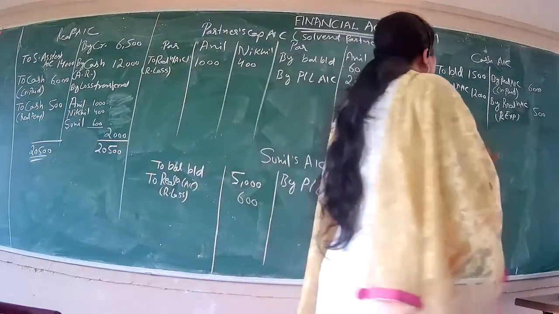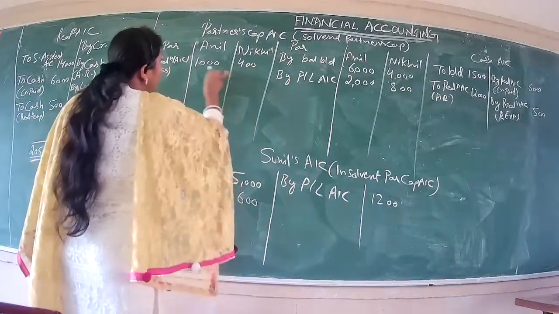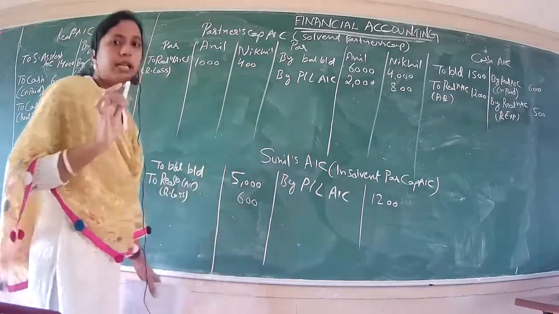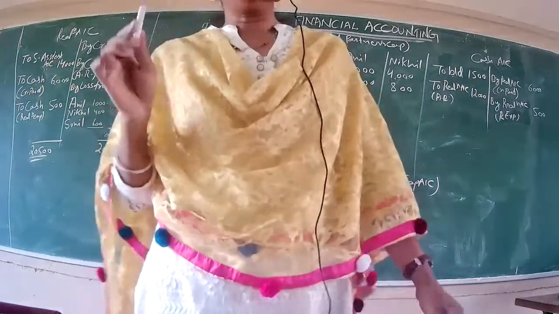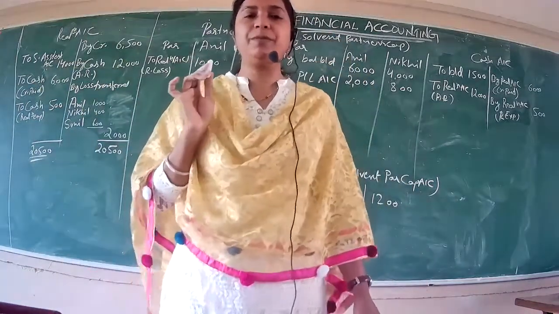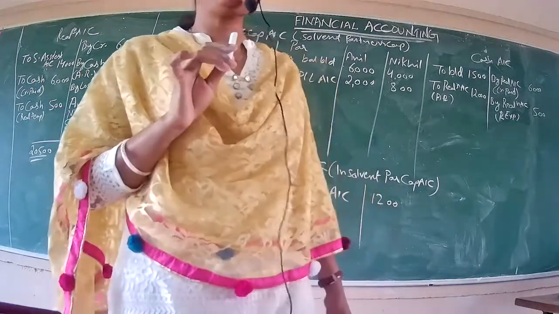I mean it. Now, when we have transferred the realization loss to the respective partners' capital accounts, after that we need to recall the Garner versus Murray rule. Okay. What did the Garner versus Murray rule used to say? Just try to recall.